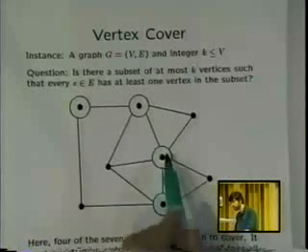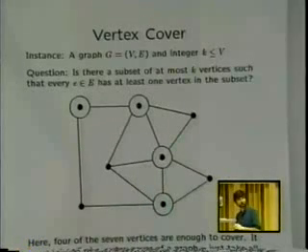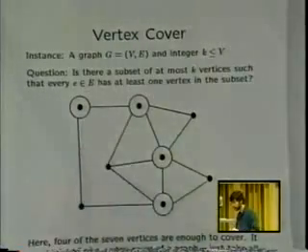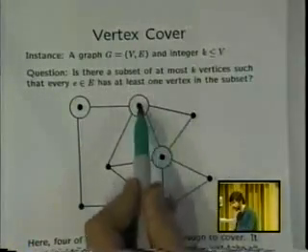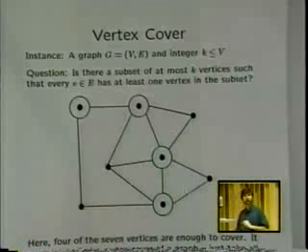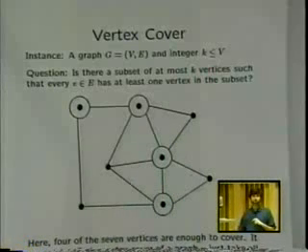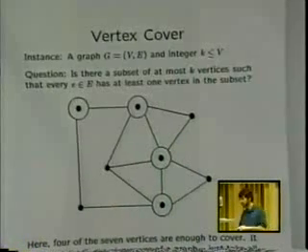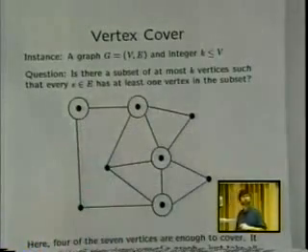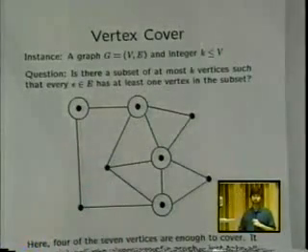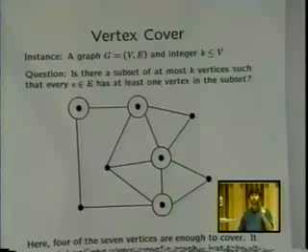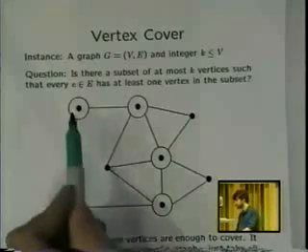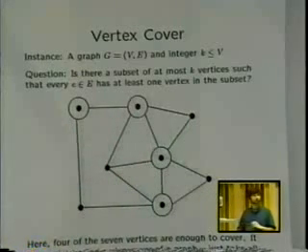This edge is blessed by touching two of them. One is enough, but this guy's got double coverage. This edge touches this, this edge touches that. Every single edge in this graph borders on one vertex of the circular type. My claim is that means the circular vertices form a cover.